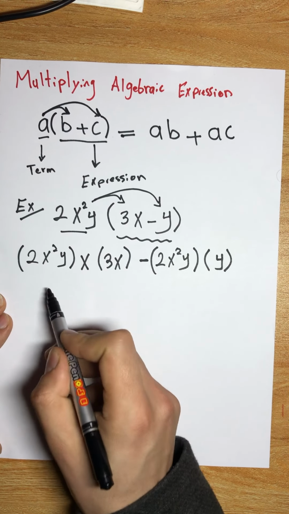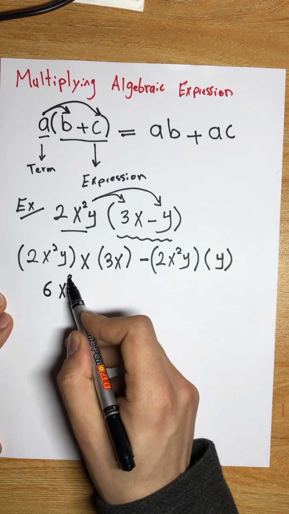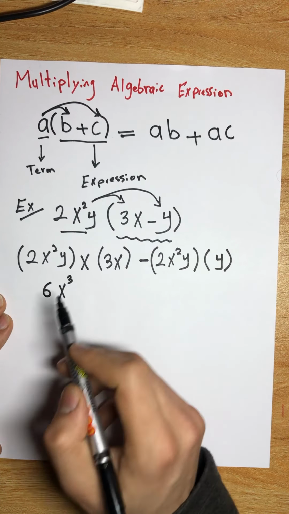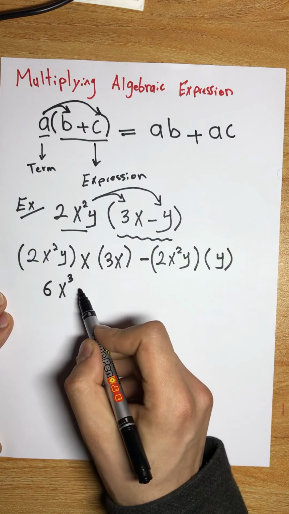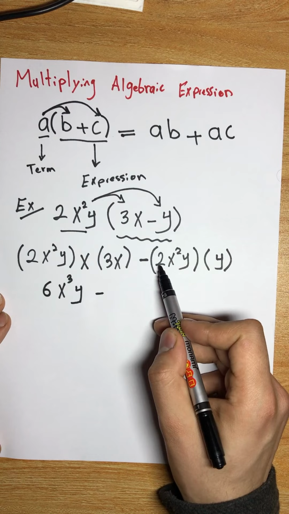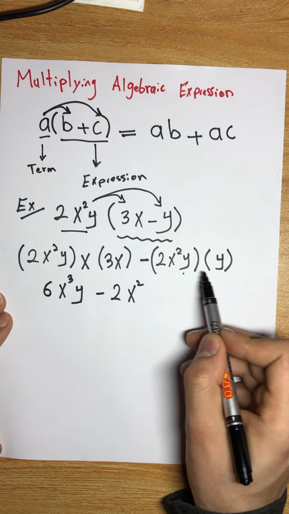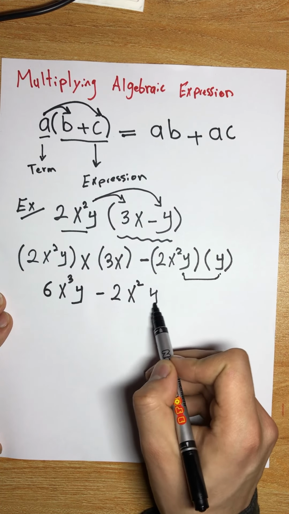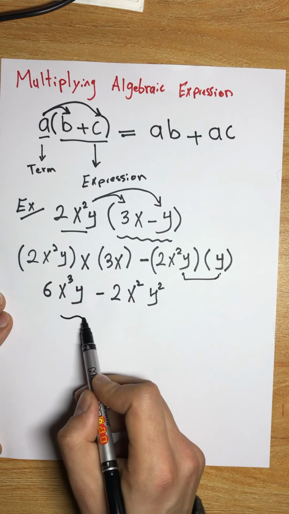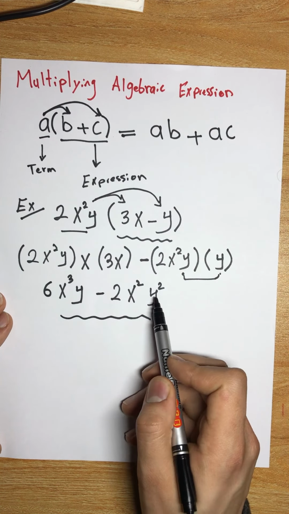Now 2 times 3 is 6. x squared times x is x to the power of 3. y, we don't have any term to multiply y with, so we will write it as it is, and then minus 2x squared, and y times y is y squared. Now this is the final result. We have 6x cubed y minus 2x squared y squared.